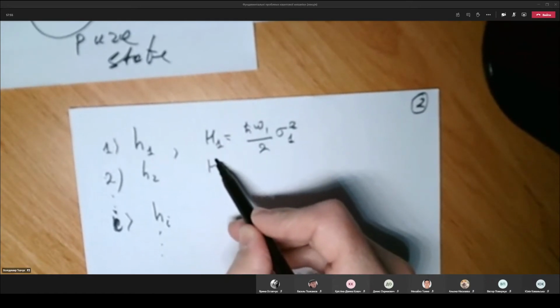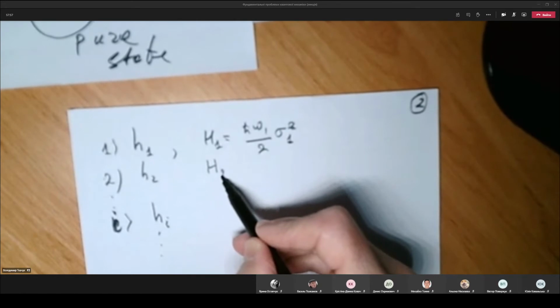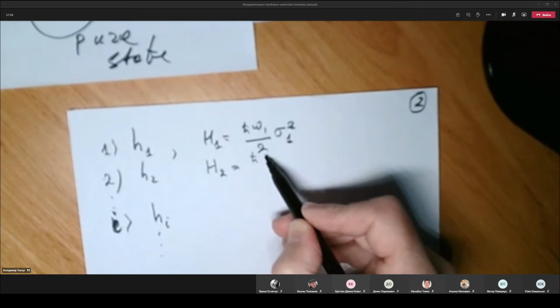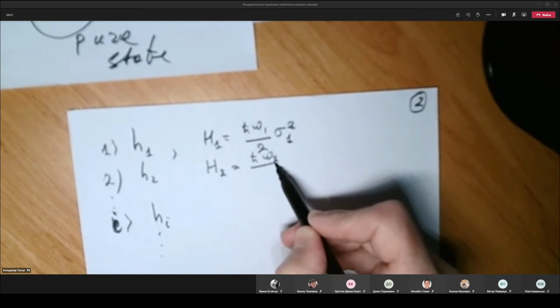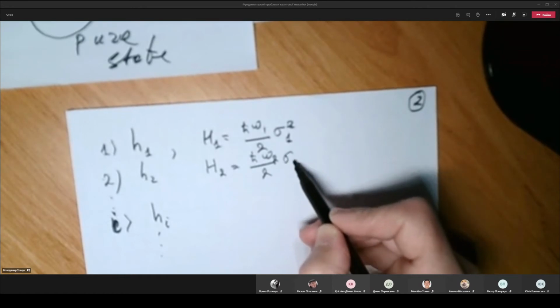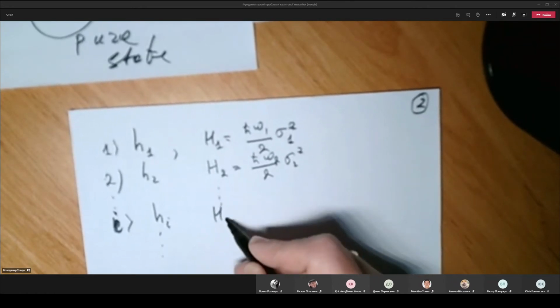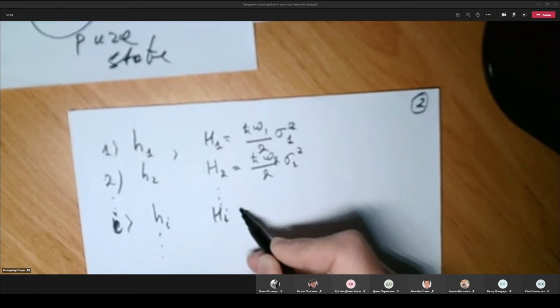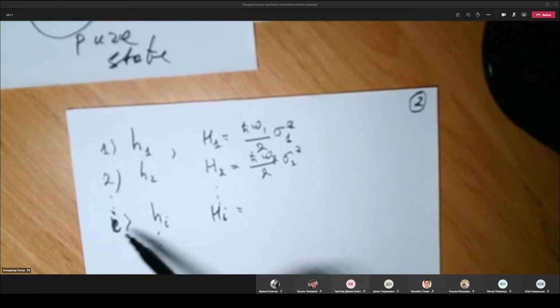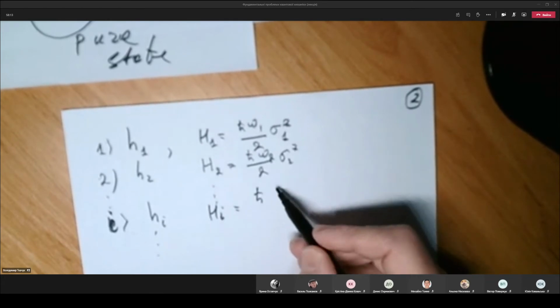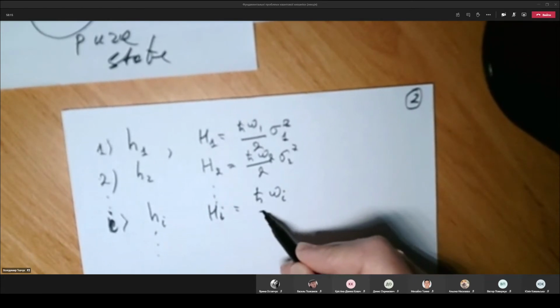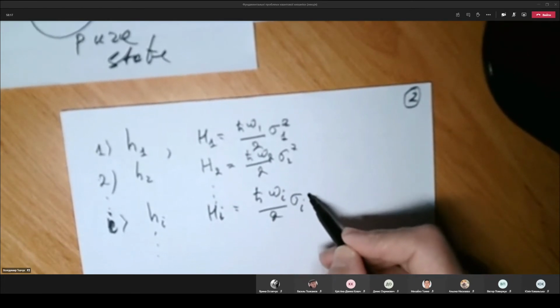The second spin interacts with another magnetic field, so the Hamiltonian is another one: omega 2 sigma 2 z, and so on. And for the spin with number i, it interacts with another magnetic field: omega i sigma i z component.